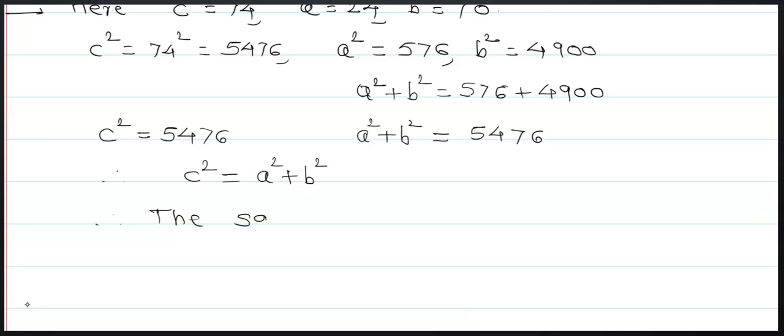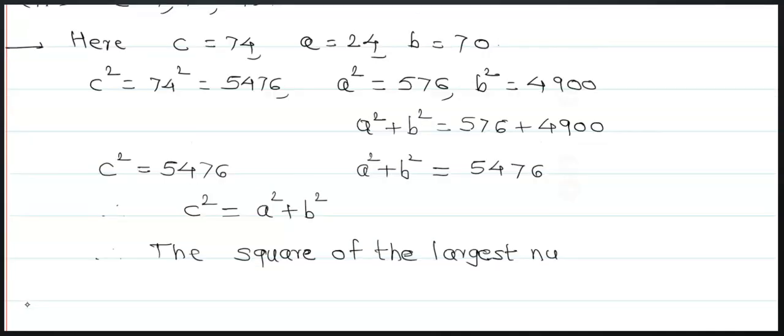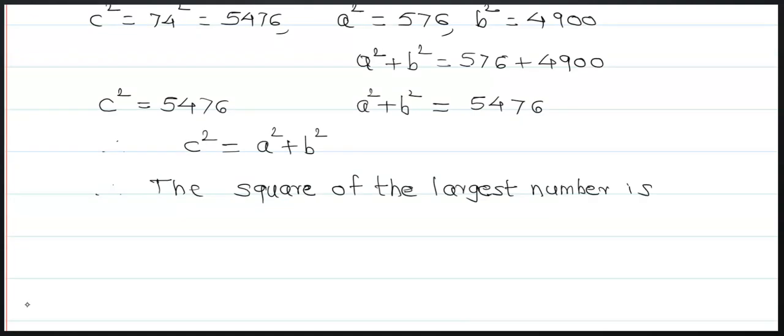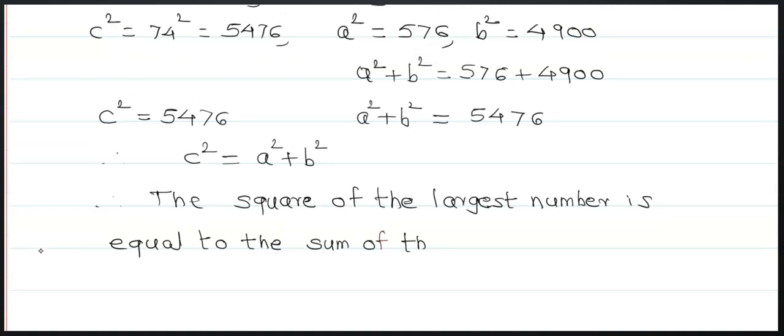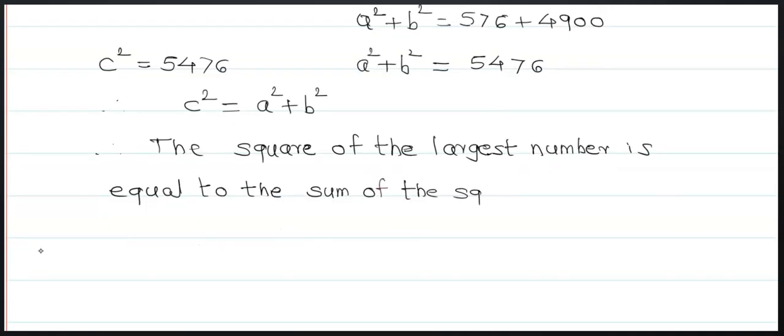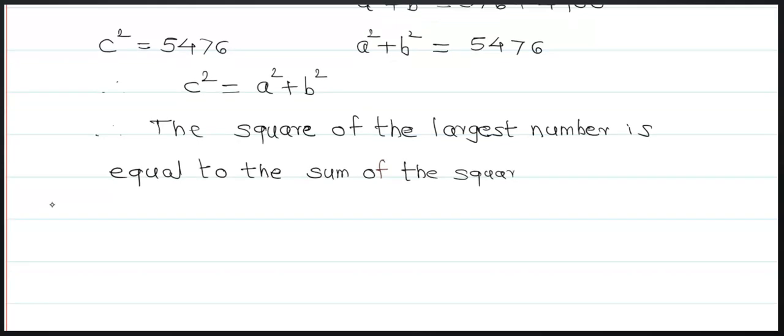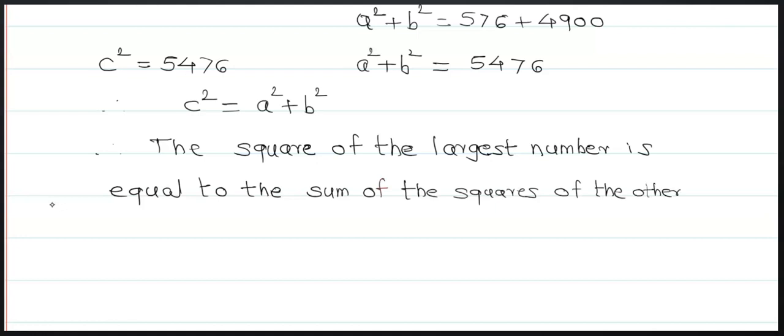Therefore the square of the largest number is equal to the sum of the squares of the other two numbers.